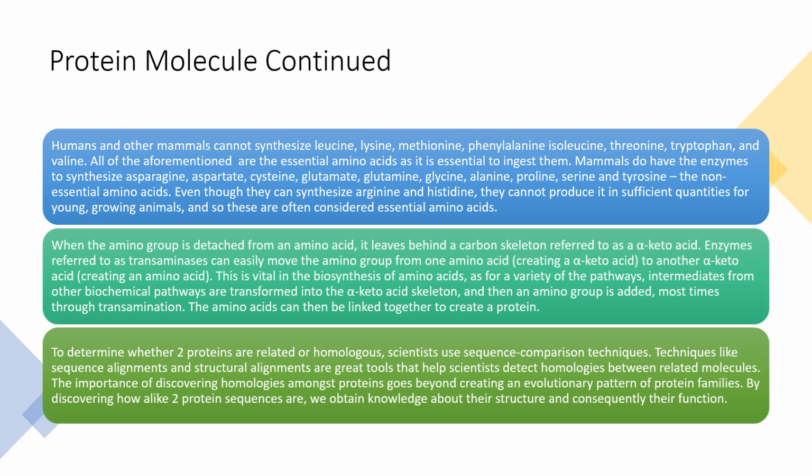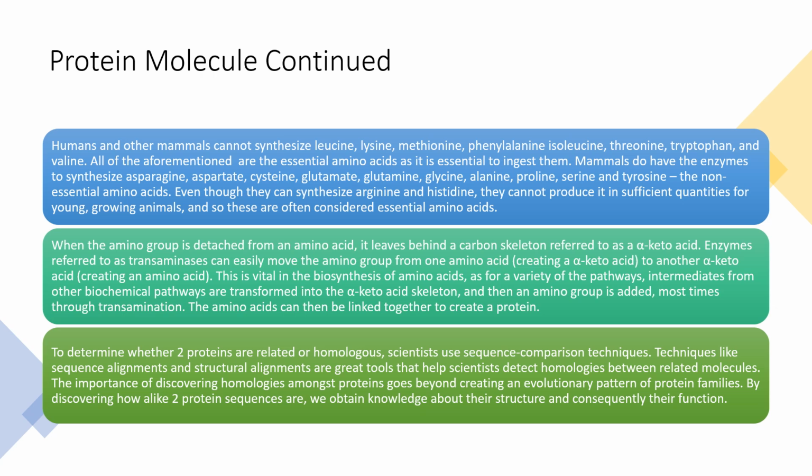Mammals do not have the enzymes to synthesize asparagine, aspartate, cysteine, glutamate, glutamine, glycine, alanine, proline, serine, and tyrosine, the non-essential amino acids.